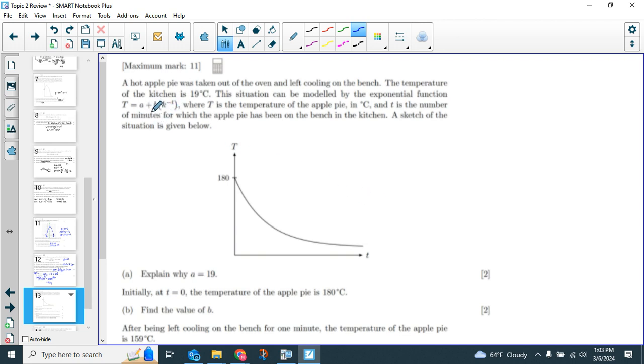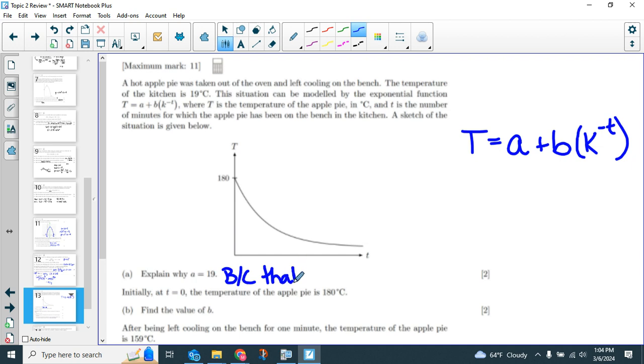Well, no. The y-intercept's 180. So they're talking about this function here. T is equal to A plus B times k to the negative t power. A is 19 because that's room temperature.